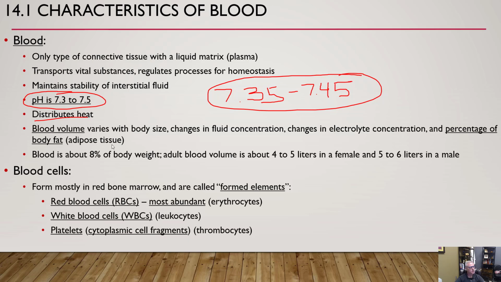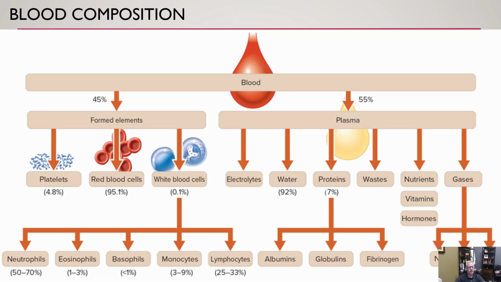So, all right. Here is a picture representation of kind of how the blood is broken down. Here you can see blood is about 45% formed elements and 55% plasma.